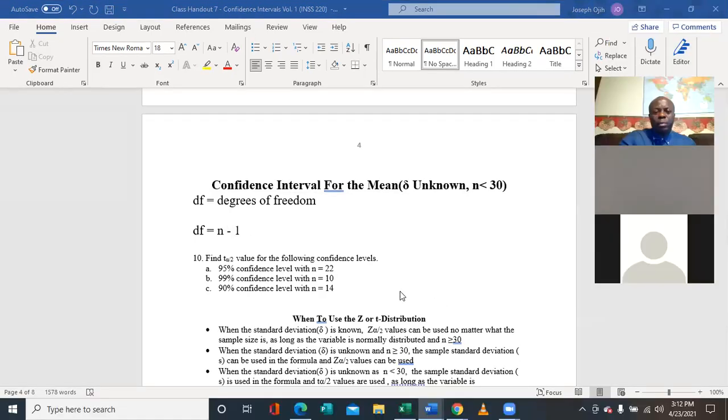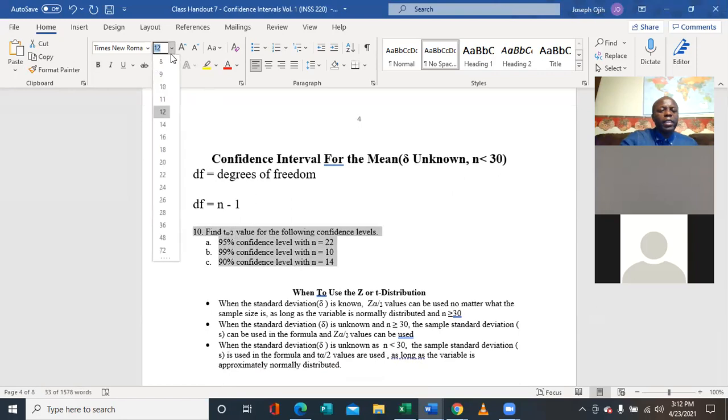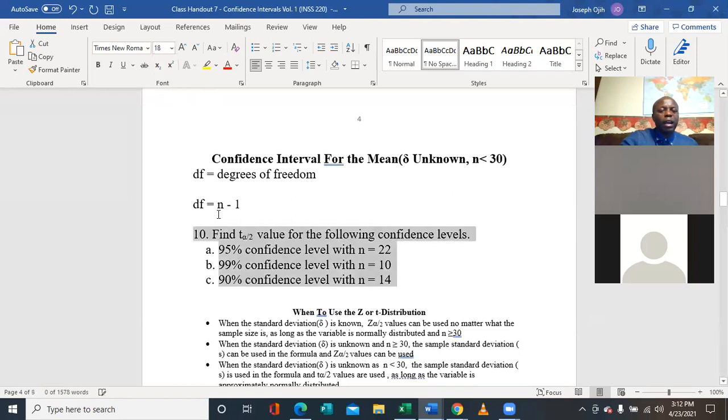Let me show you how to use the table first. For the first example, maybe we can do up to 2 examples. It says, find the T alpha over 2, that is, find the critical value alpha over 2 because it is left side and right side, so 2 sides, for the corresponding confidence levels.